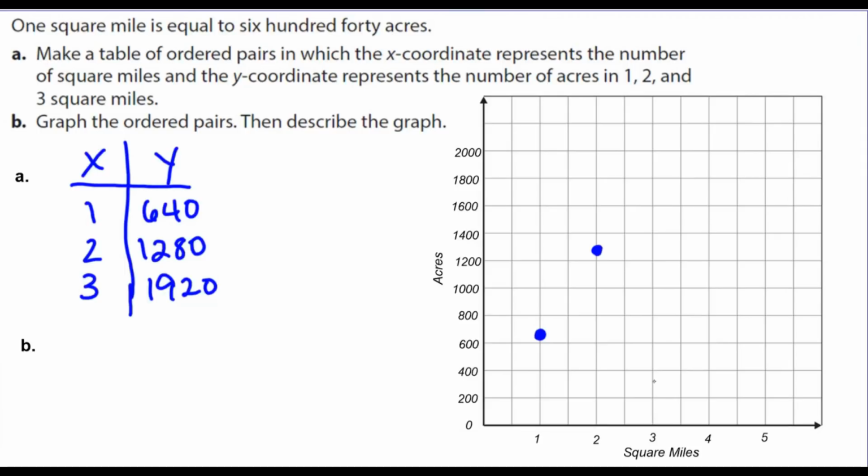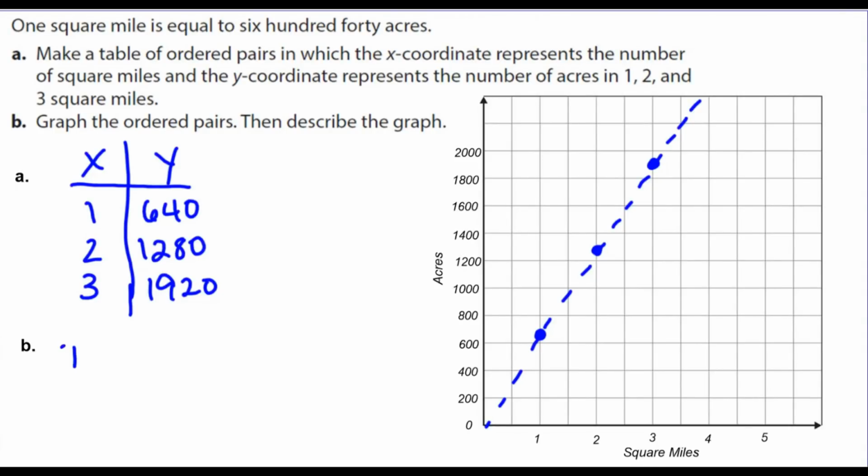And 3 square miles is 1,920, just over halfway there. And then we were asked to describe the graph. Well, obviously, the number of acres increases as the number of square miles increases. So these values will increase as we go up in square miles. And you'll notice that they fall in a nice straight line. Every dot falls in what appears to be a straight line.